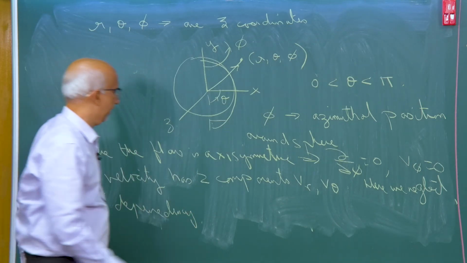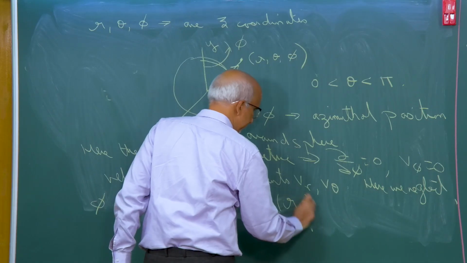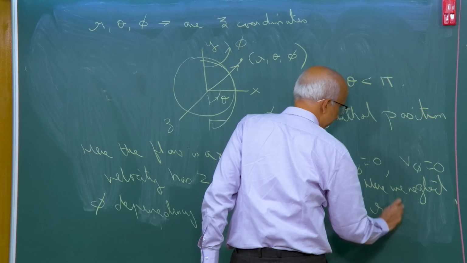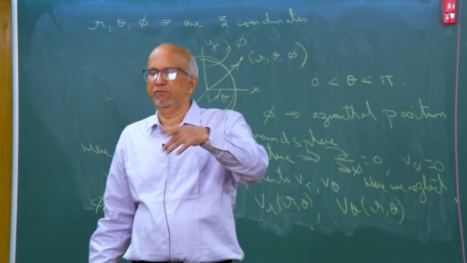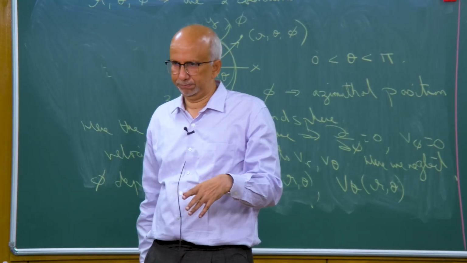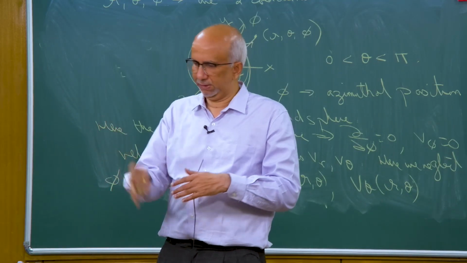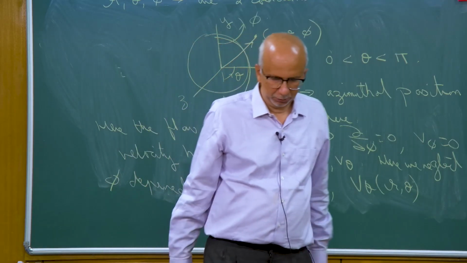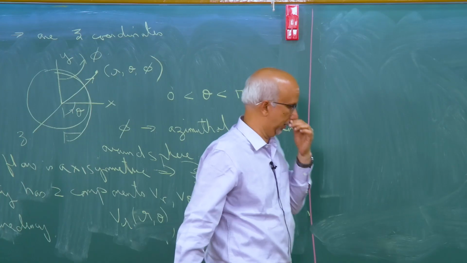And in our problem, Vr is a function of r and theta, V theta is a function of r and theta. It does not depend upon phi. At any phi, V theta is the same, Vr is the same, as long as r and theta are the same. So at this position, Vr and V theta are the same, here Vr, V theta are the same. There is no point in me telling you this 10 times, you have to think and visualize.